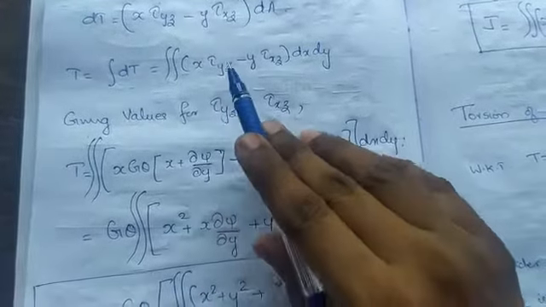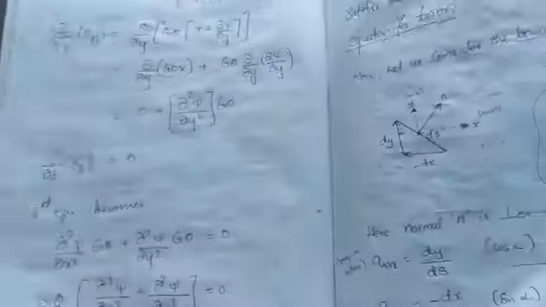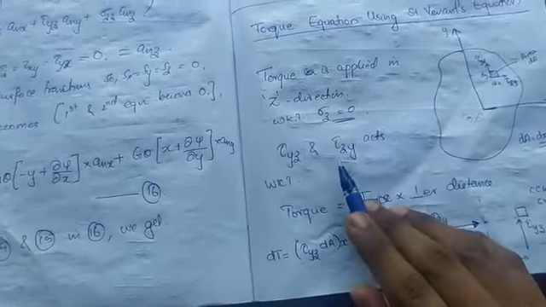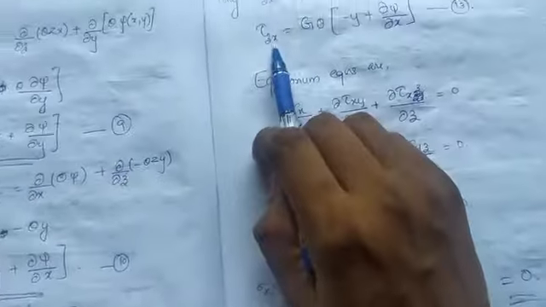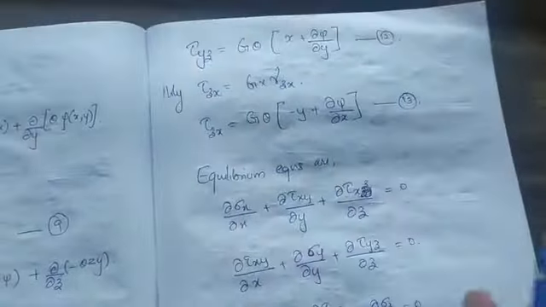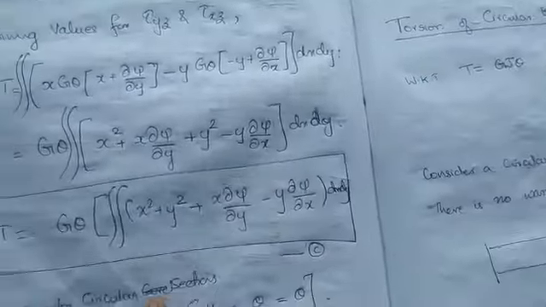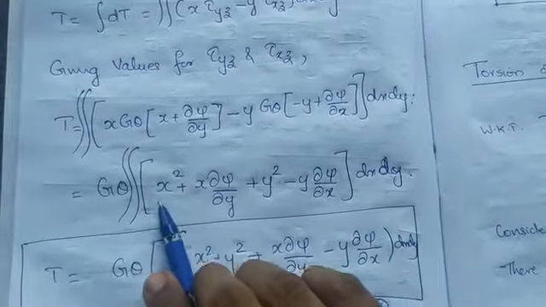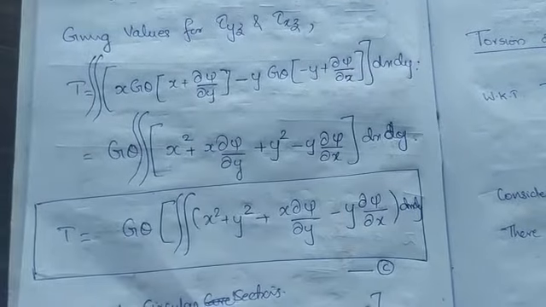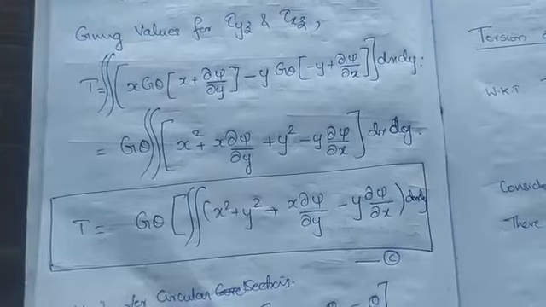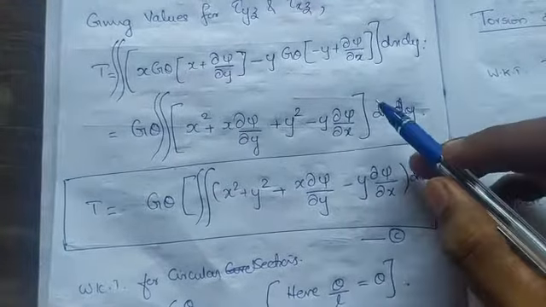Now give the values of tau yz and tau xz that we have already found earlier, here. So we already found the values of tau zx and tau yz. Substitute these values here, and it is simply a matter of expanding, not really integrating.